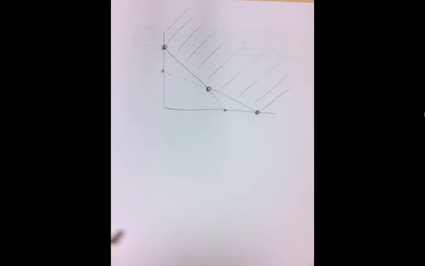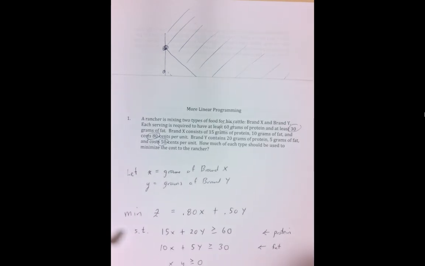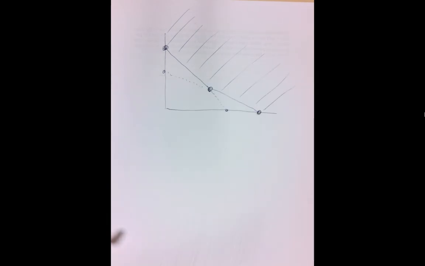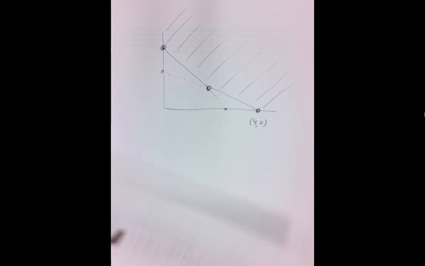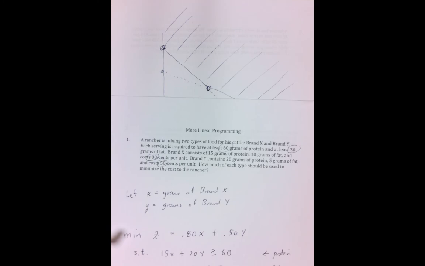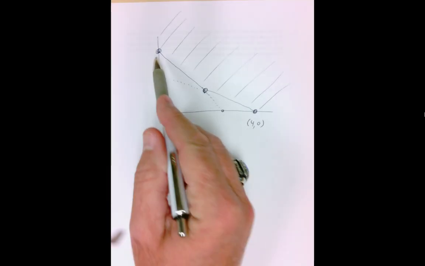The biggest x-intercept, as we saw before, was 4 and 3. So this point right here that we have to consider is (4, 0). The biggest y-intercept of the 3 and the 6 is clearly the 6, which is the one we're focusing on right here.